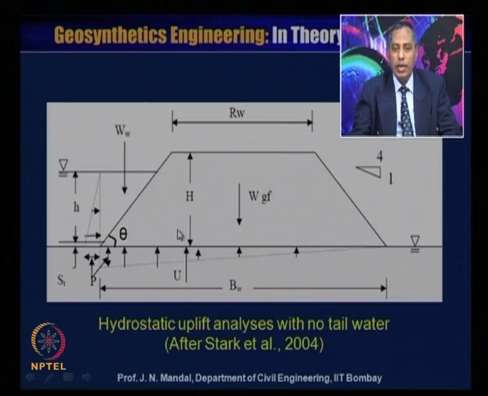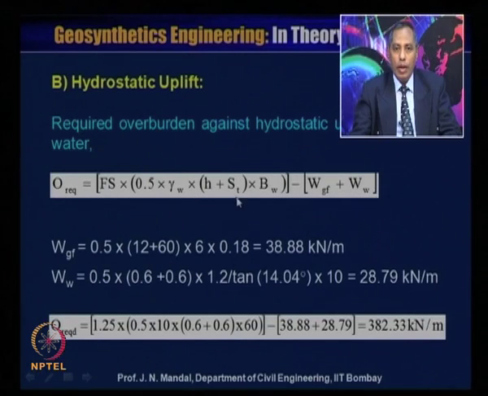You can measure the area, that means half into 12 plus 60 into height, which is 6, into the unit weight of the geofoam, that is 0.18. If you calculate, you get Wgf equal to 38.88 kilonewton per meter.